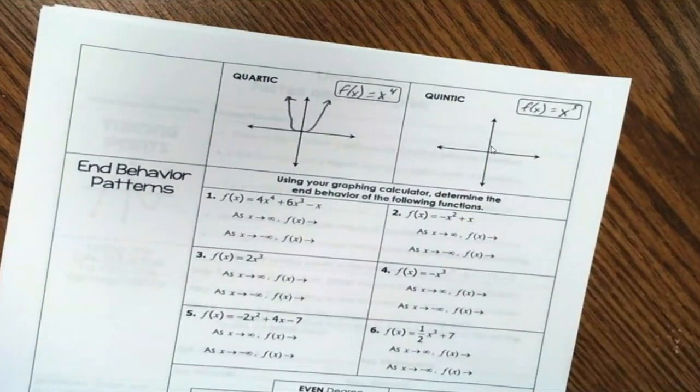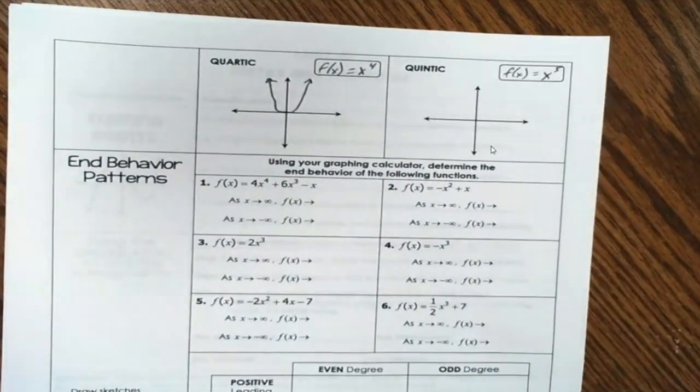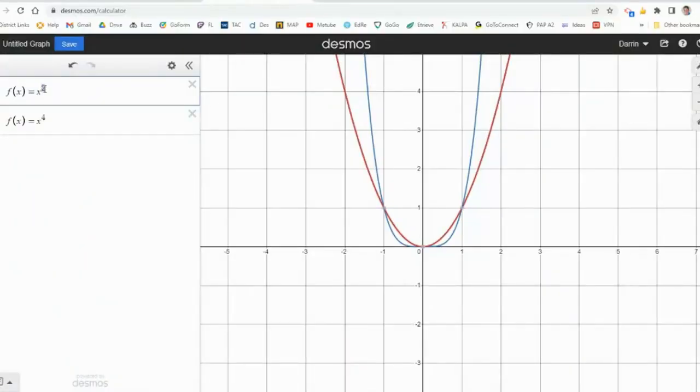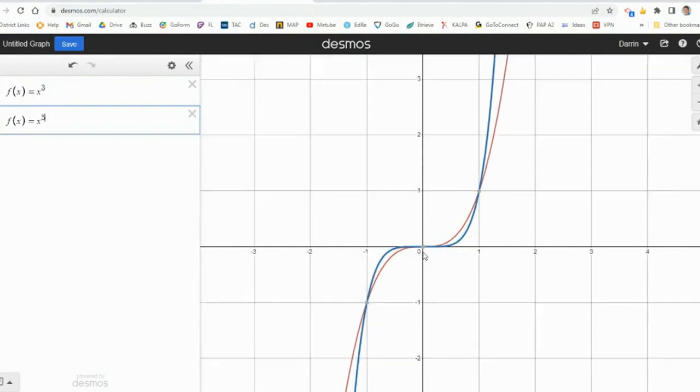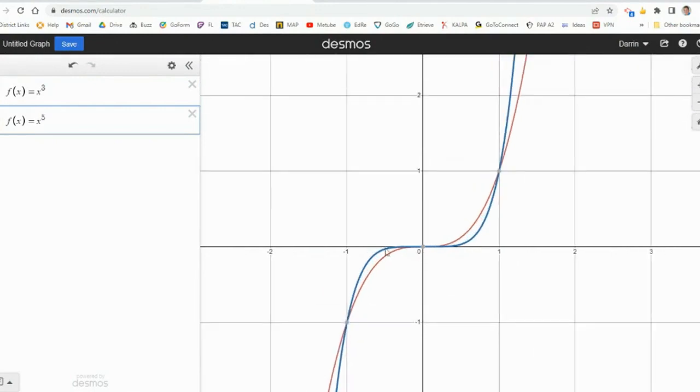All right, so let's look at the quintic, and we're going to compare that to an x to the third. If we change this to a third power, and then change this to a fifth power, it's kind of the same thing. Look at how it's flatter and stays closer to zero longer. Now it's not zero, but it's very close to zero: 0.01, 0.02, 0.03, 0.04.